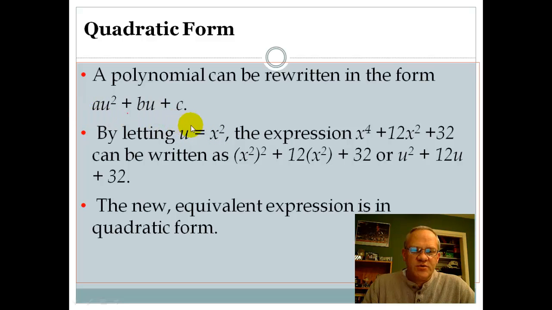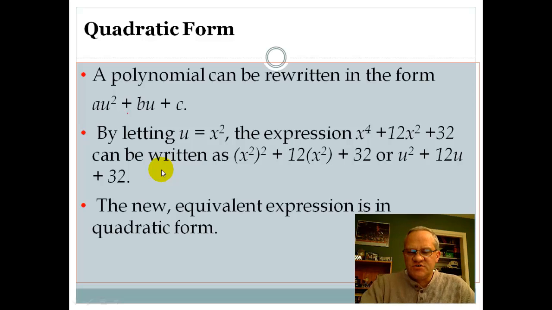So in an example here, if you have x to the fourth plus 12x squared plus 32, that's not in quadratic form, but I could rewrite it. In a sense, instead of having the variable as x, I make the variable x squared. So now I have x squared squared because the variable is x, or if you want to think of it as being u, you've got u squared plus 12u plus 32. Then you can factor it just like we've been doing.